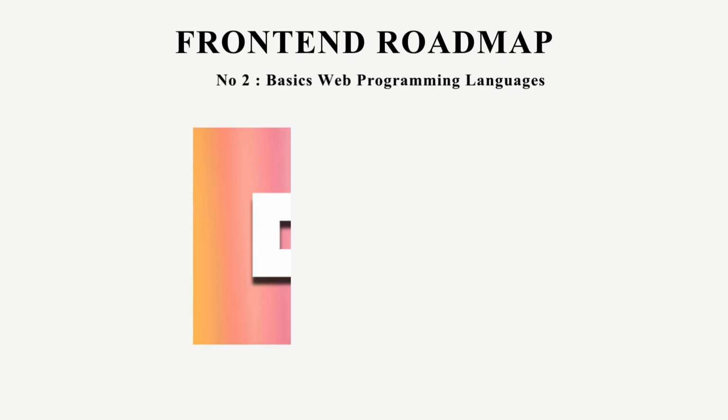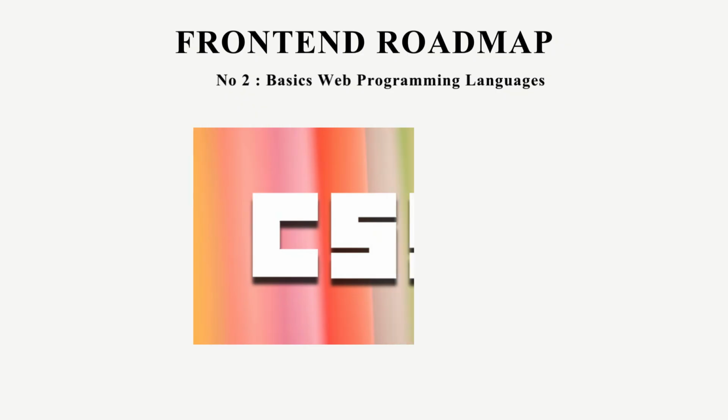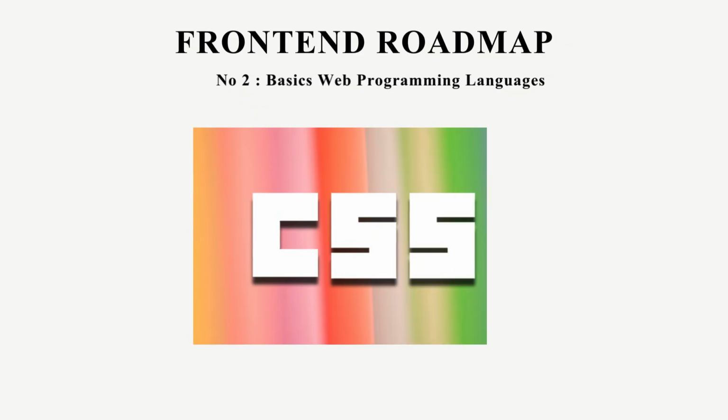Next is CSS, which stands for Cascading Style Sheets. CSS controls the appearance of a web page. It allows you to style things like color, fonts, layout, spacing, and responsiveness. CSS transforms a simple HTML page into a visually appealing website. Modern front-end development often uses frameworks like Tailwind CSS.